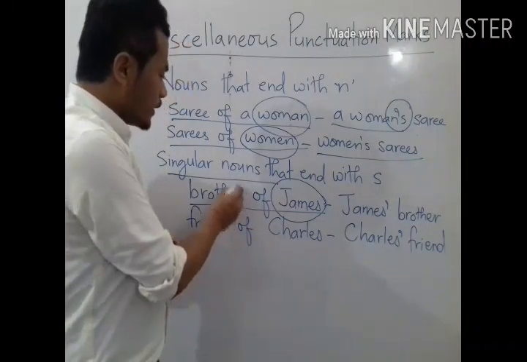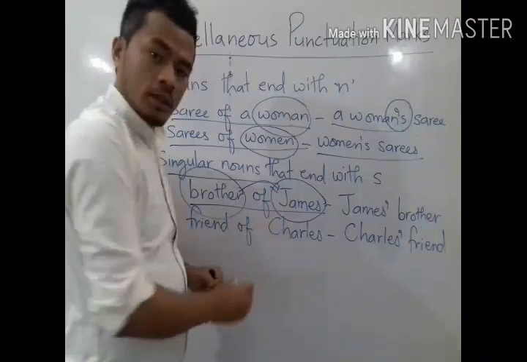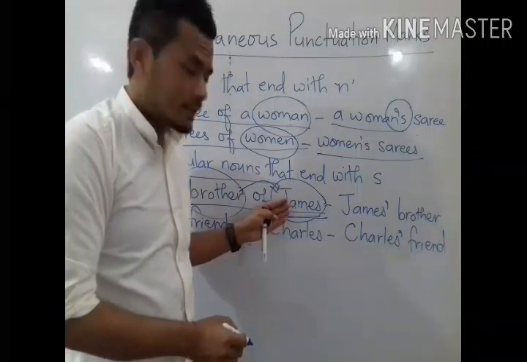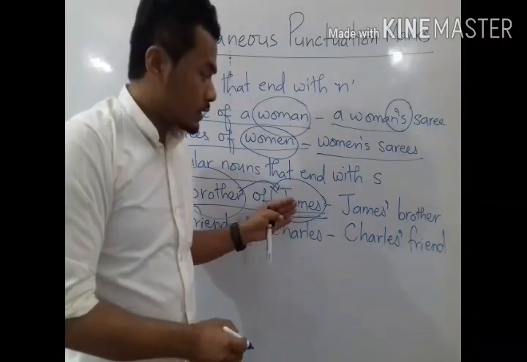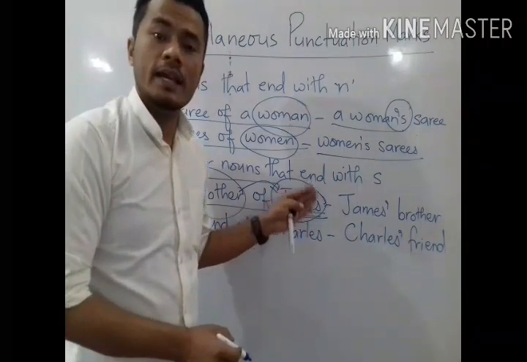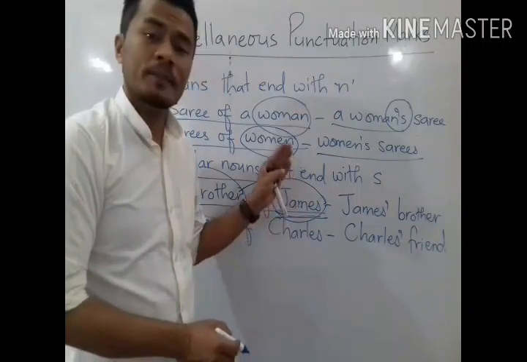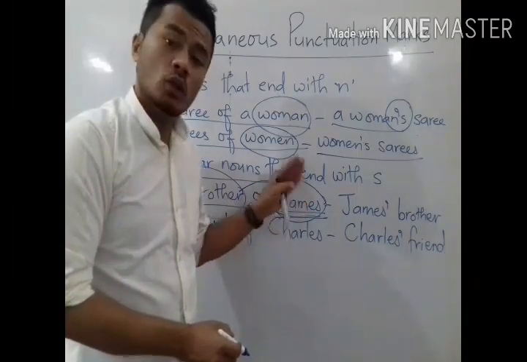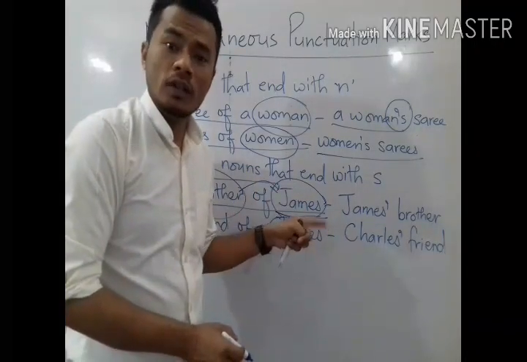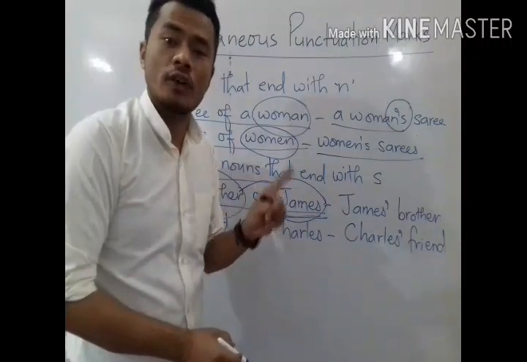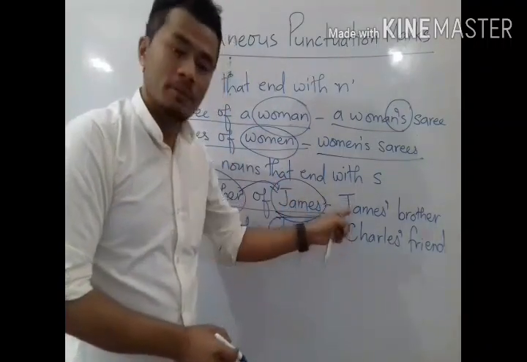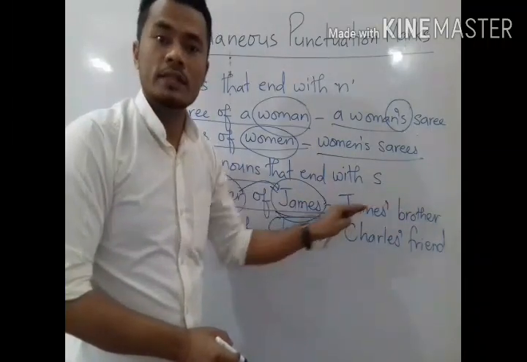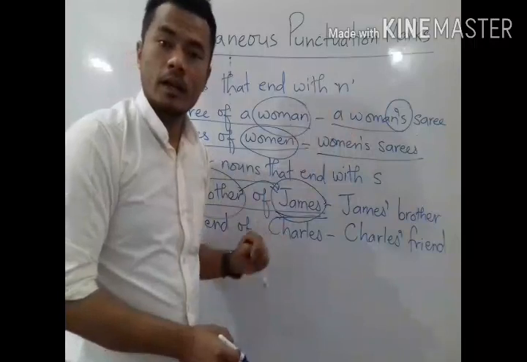The brother belongs to James. If you read the word James, J-A-M-E-S, this noun ends with s. So if you want to show the possession of this noun, though it is a singular noun, we have to put just an apostrophe after the name. James' brother is the correct possessive case by using an apostrophe.